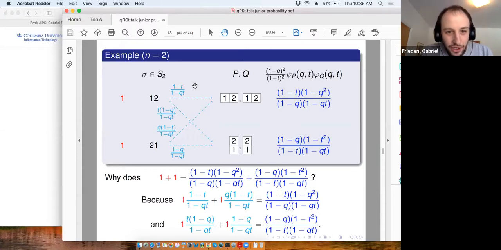In addition, if q and t are both greater than 1, then since there's the same number of terms in the numerator and denominator, the ratio will again be positive. So I get actual probabilities if I take q and t to be greater than 1 also.